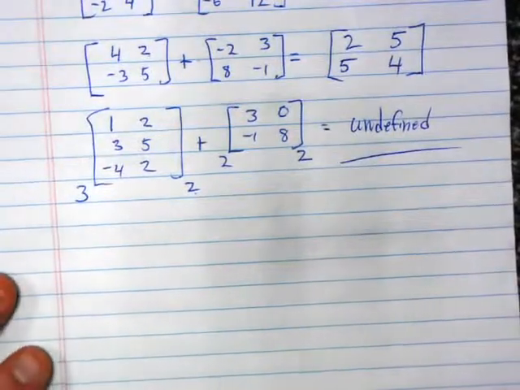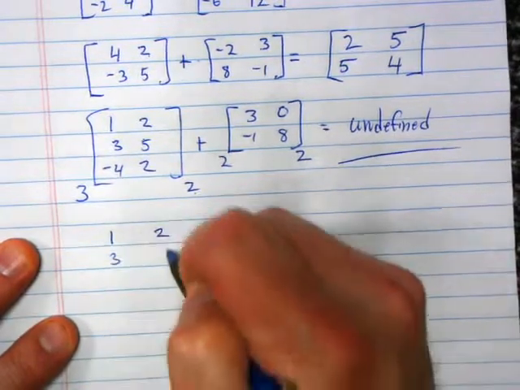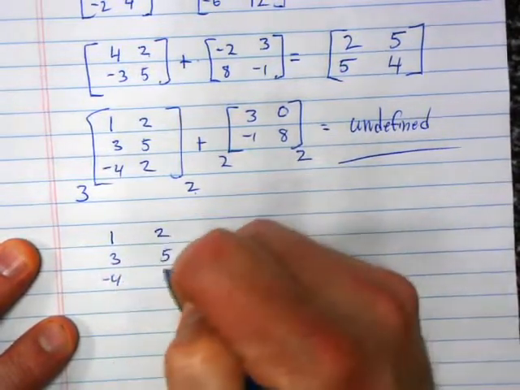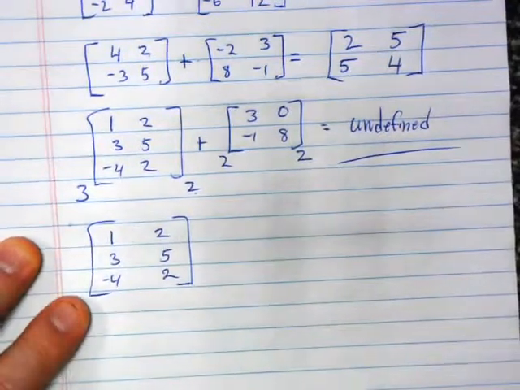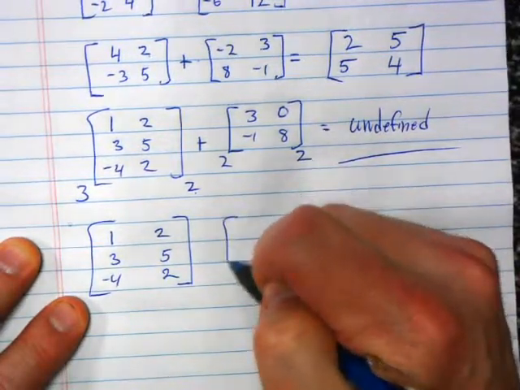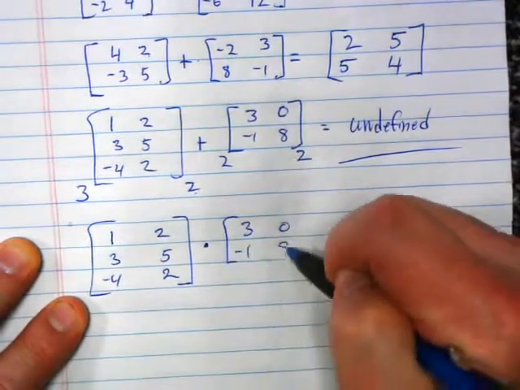Okay. How about multiplying matrices? Same 2 matrices. 1, 2, 3, 5, negative 4, 2. And I want to multiply it by 3, 0, negative 1, 8.